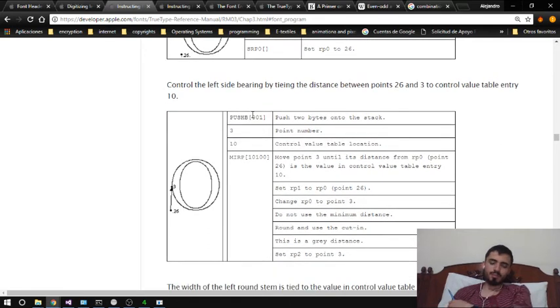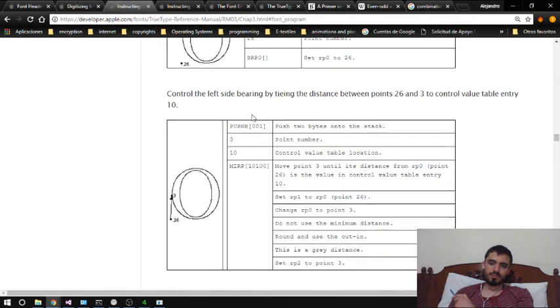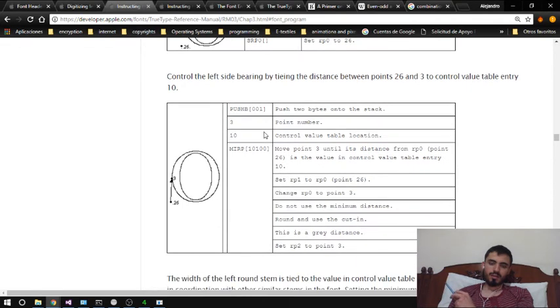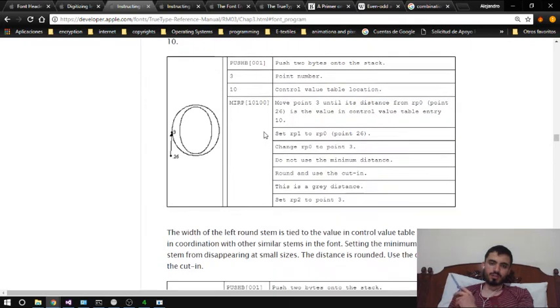Control the left side variable by tying the distance between points 26 and 3 to control value table entry 10. And then we push 2 bytes onto the stack: point number 3 and the control value table location.